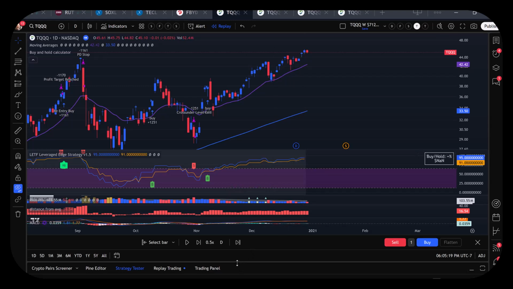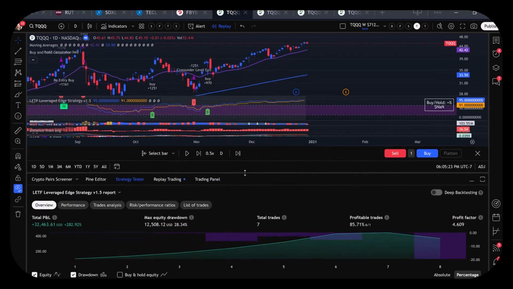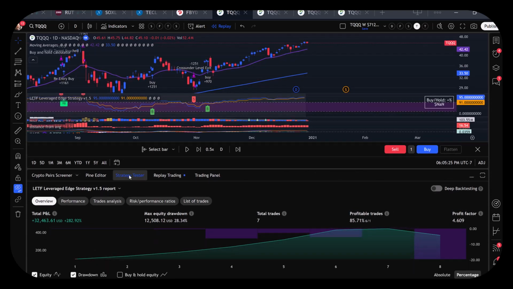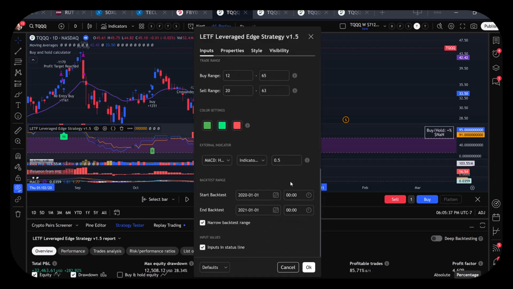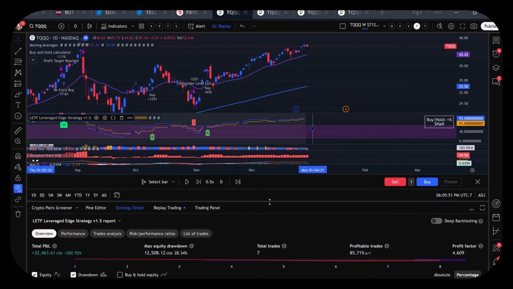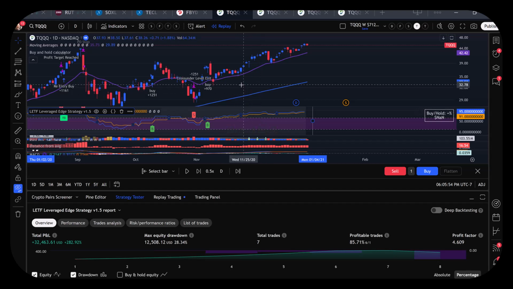Instead, what they do is I'm going to show you the strategy tester down here. They have a section called the strategy tester, and that coincides with the dates that we put in here as far as our backtest start and end date. So that's going to calculate number of trades and net profitability over that period of time, but it becomes a challenge for us because some of our trades will extend through the end of the year into the next year, and that becomes difficult.